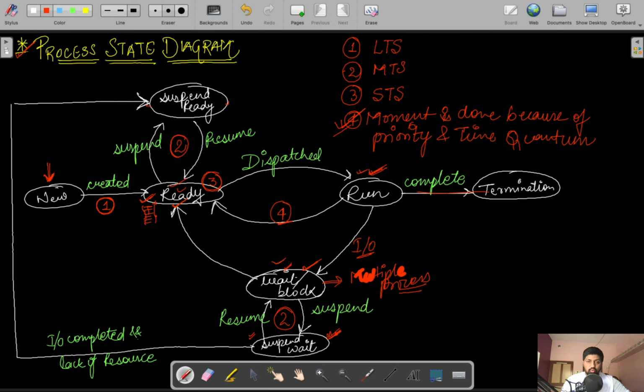This movement of shifting the process from running to ready state is because of the priority or the time quantum. Each process is assigned a digit that represents its priority.